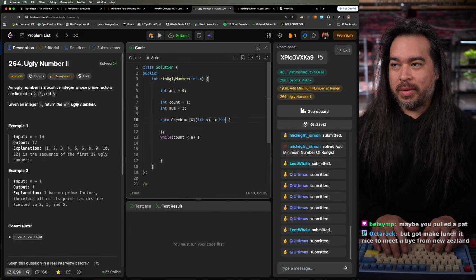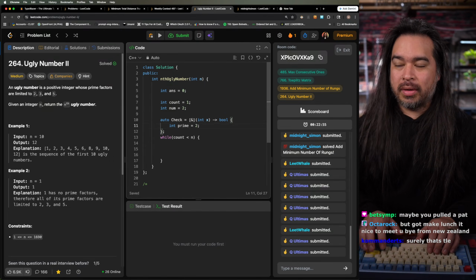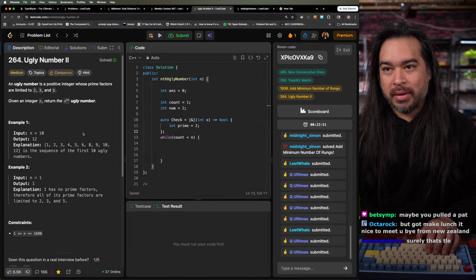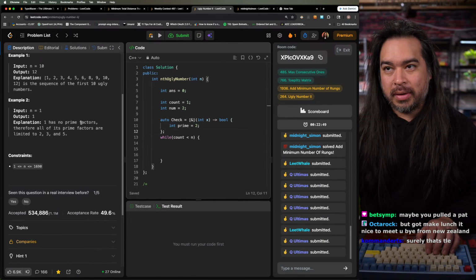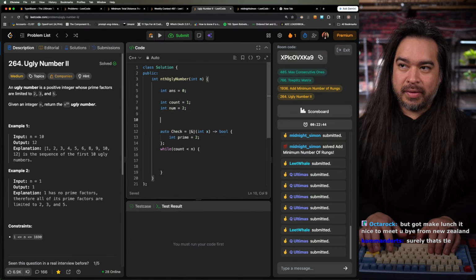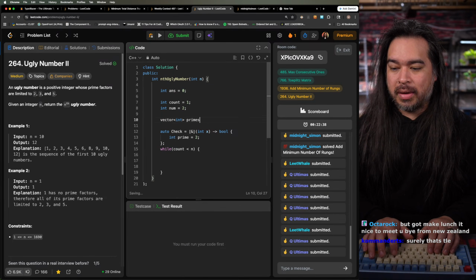And then if this works, we'll think about how to optimize. Oh, I need to count my primes. So I gotta do a sieve. No, I only need the first 3 primes.